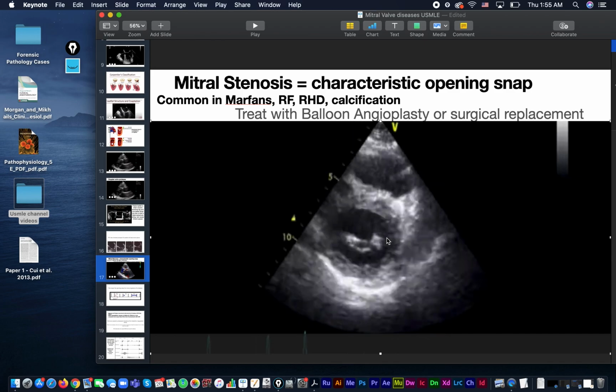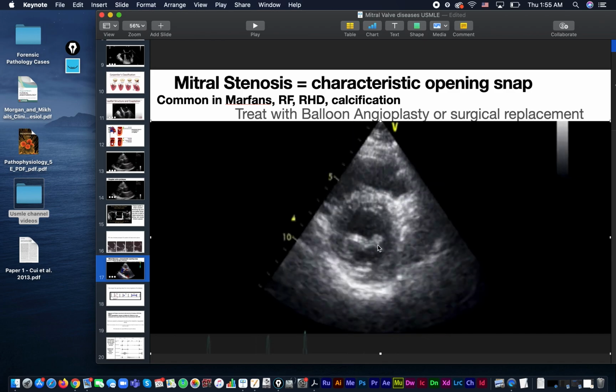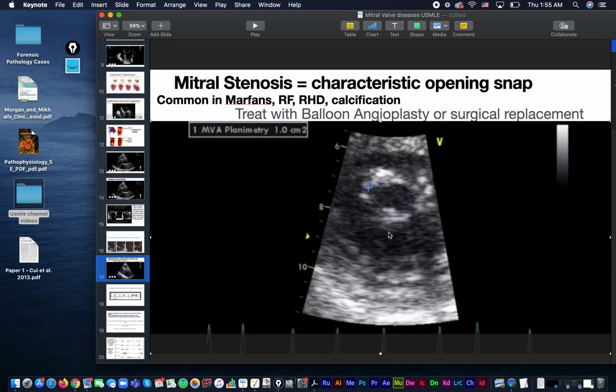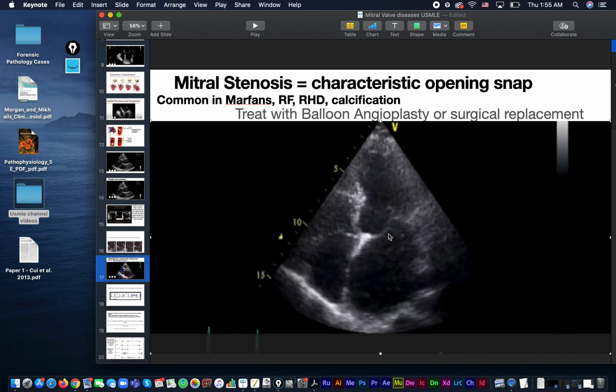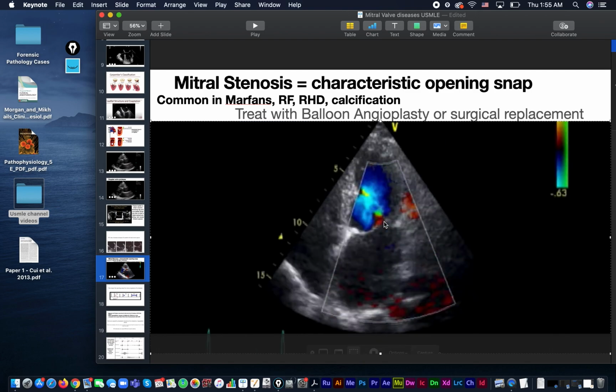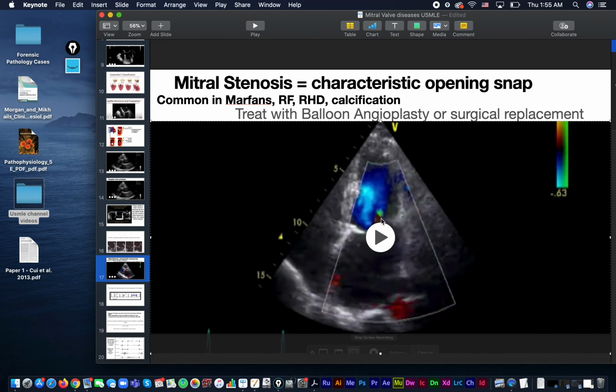It's stenotic because the valves don't open all the way, so you have less blood flow during systole from the left atrium to the left ventricle, because the valve doesn't open all the way and creates a stenotic valvular opening due to the calcifications.